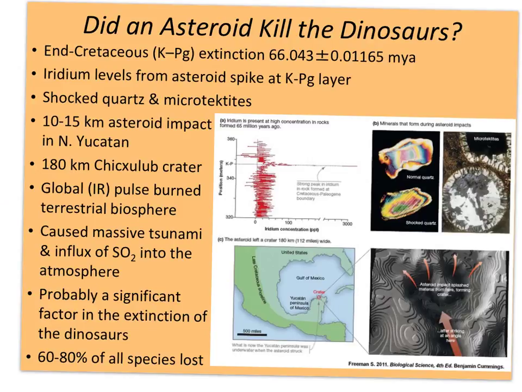The asteroid was probably about 10 miles across, a huge chunk of rock coming in at 50,000 miles an hour. And it created this huge impact crater right on the Yucatan Peninsula.